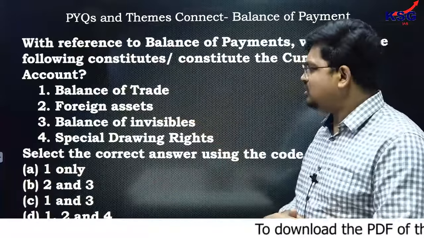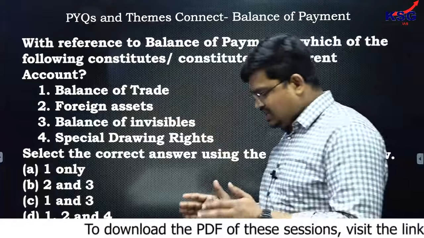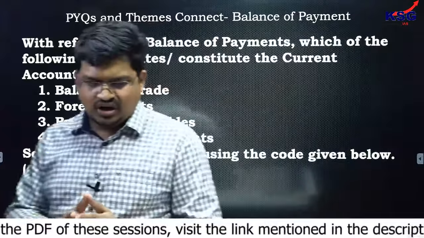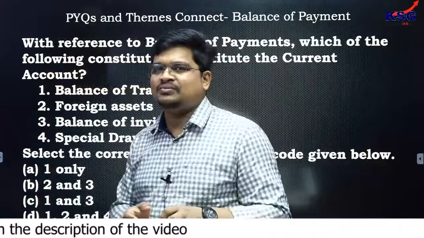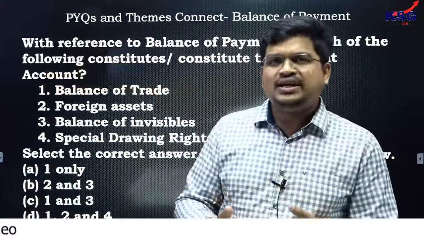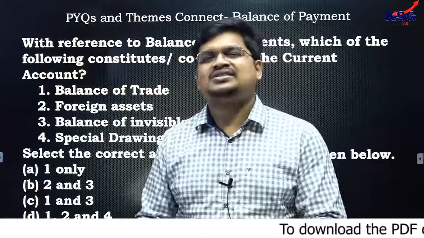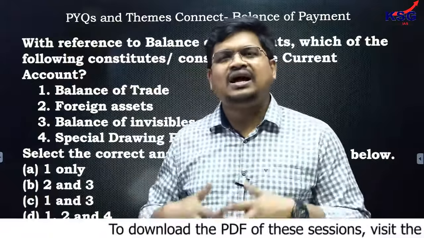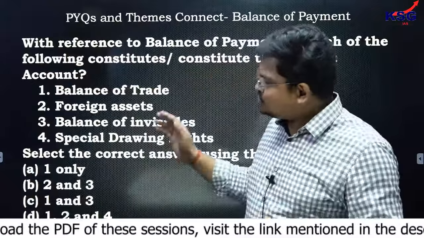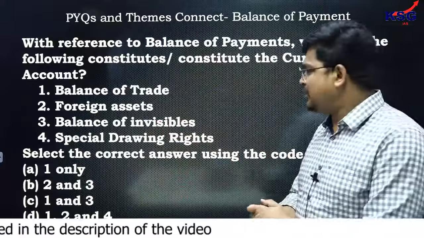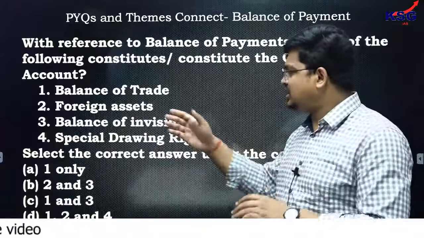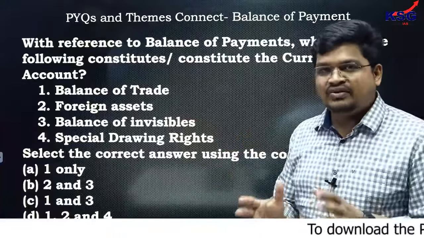Coming to the third, balance of invisibles. What is the difference between goods and services? Goods are visible and tangible in nature, but services are not tangible and are invisible in nature. So when we consider the export and import of services in the current account, that is known as balance of invisibles.